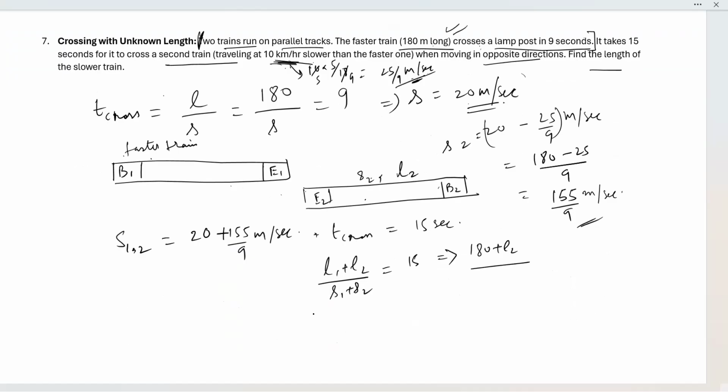The values are known to us. So this will be 20 plus 155 by 9, and this is equal to 15. I'll directly take this to there, and that's easier.